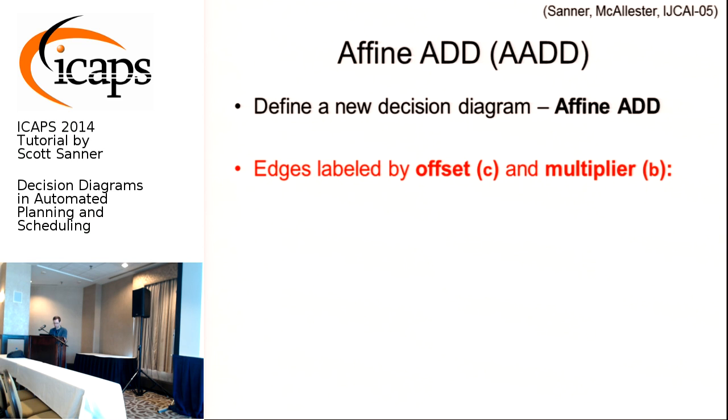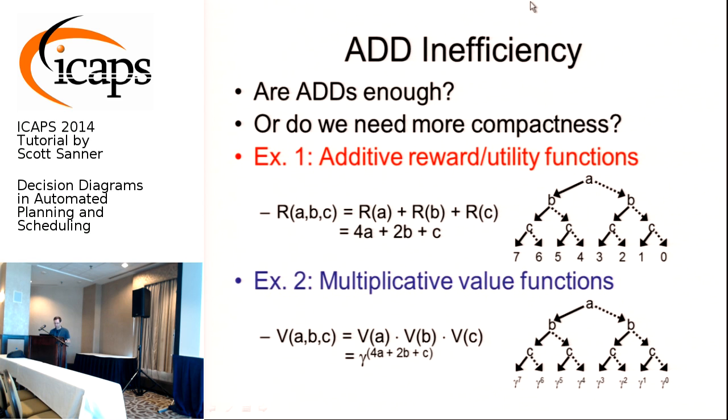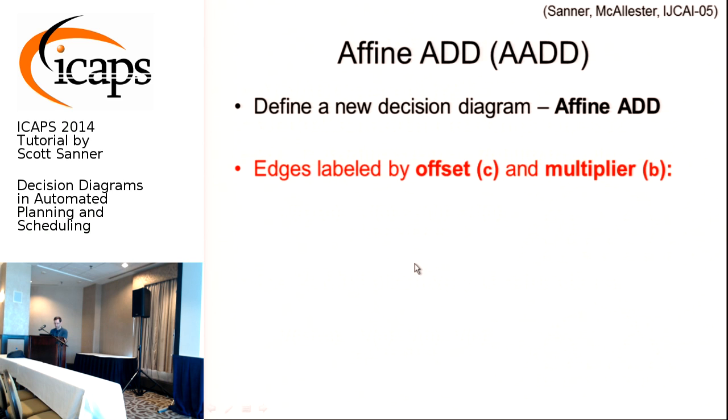Okay, so Dave and I were wondering, I mean, this expression is compact. There should be some decision diagram that encodes the compactness of this expression directly, right? Like, why not? This should be trivial. So we said, well, what if we label the edges of our diagram with affine transforms?